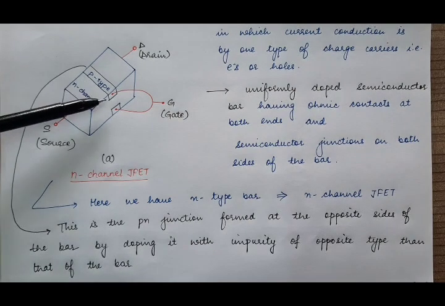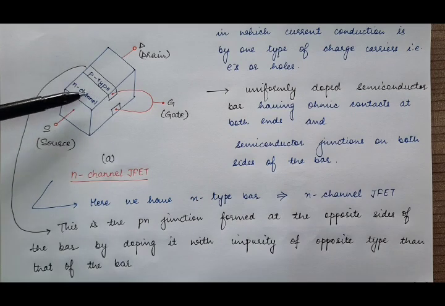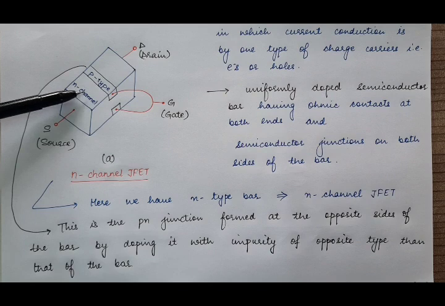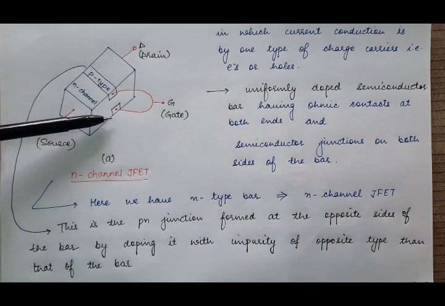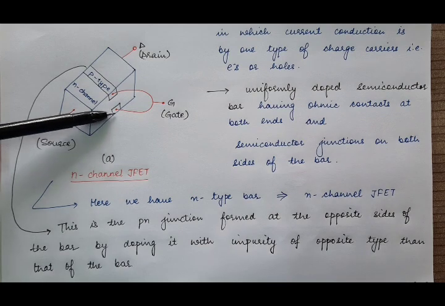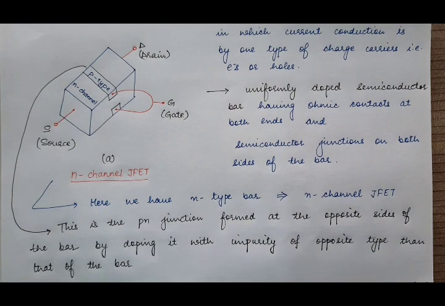Here we have a PN junction: this is P-type, and below it is the n-type bar. On the lower side, again we have P-type material diffused over this semiconductor bar, so again we have a PN junction on the lower side as well.